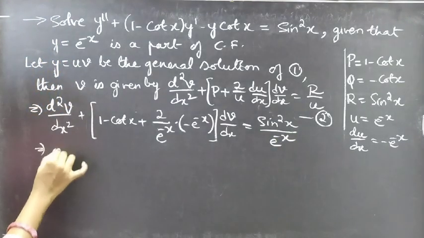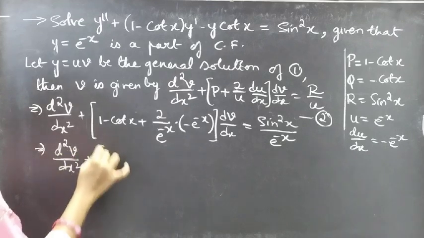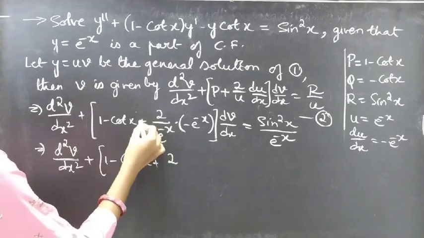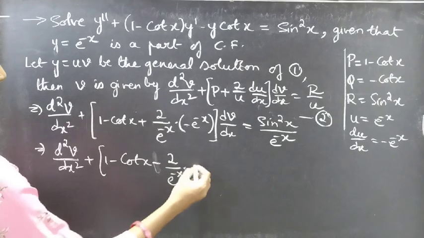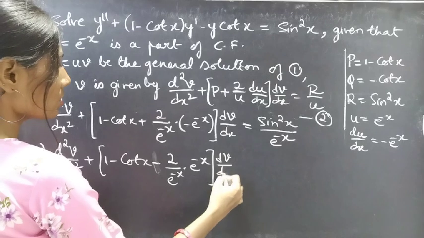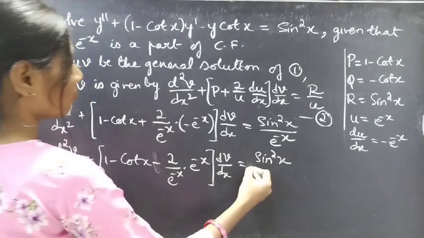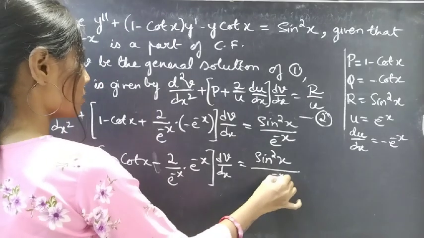Then this becomes d square v by dx square plus (1 minus cot x plus 2 by e power minus x into minus e power minus x) into dv by dx equal to sine square x by e power minus x.